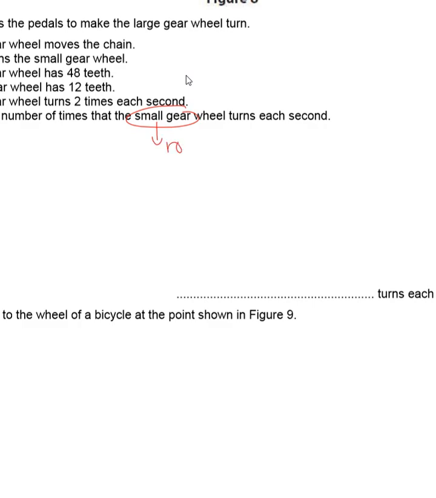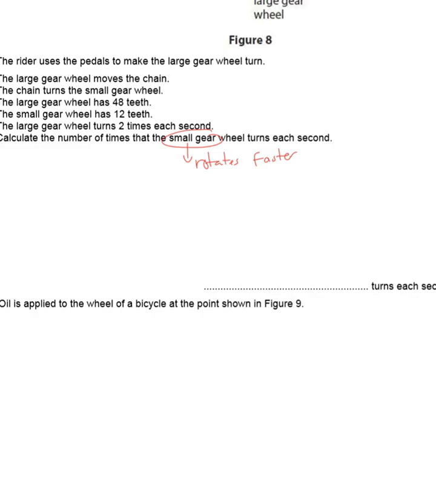Okay, now remember, small gears rotate faster. So if the large gear is turning twice, then the small gear will go faster. The way we're going to do that will be the following. We have the big gear, the big cog connected to the small cog. So this is 48 to 12, so it is 1 is to 4.